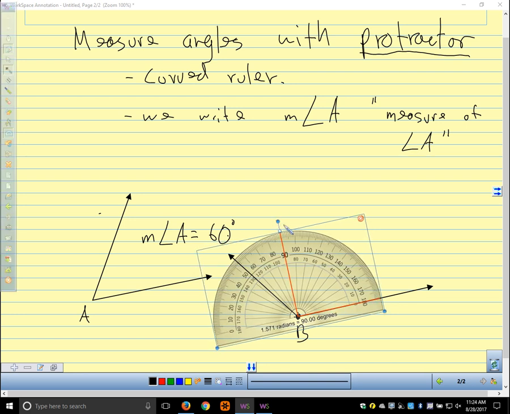Line up the line here at the bottom with one of the rays. And then this time I'm going to read on the bigger numbers because this angle is bigger than 90 degrees. And it looks like I have about 126 degrees. So 120 would be here. There's 125, 126. So I'd say the measure of angle B is 126 degrees.